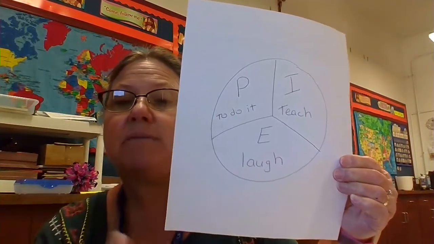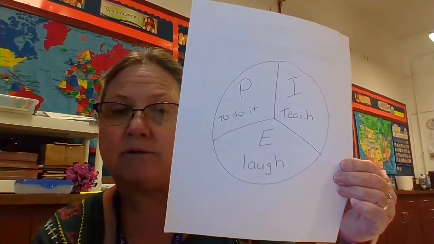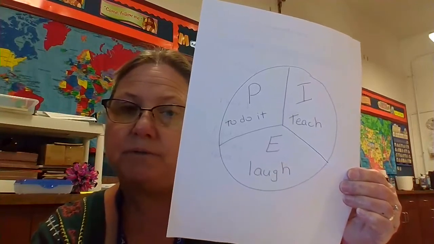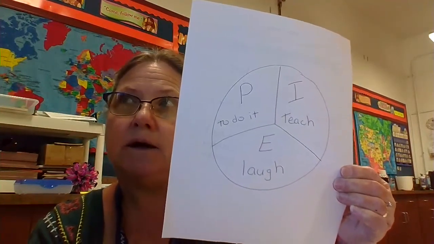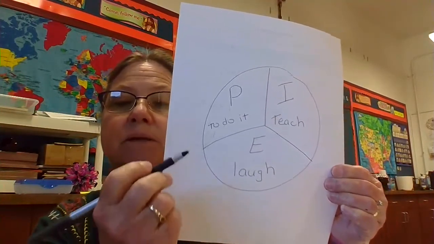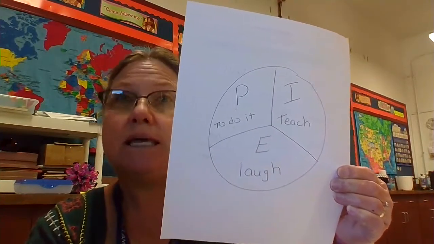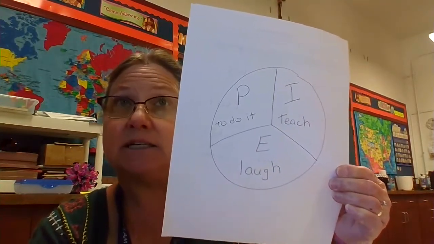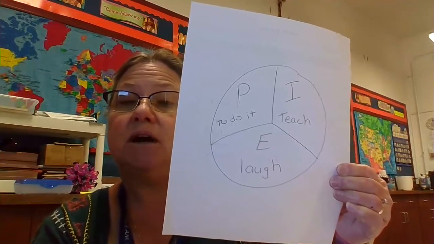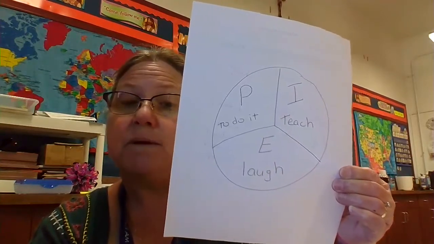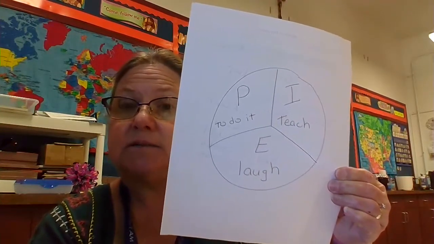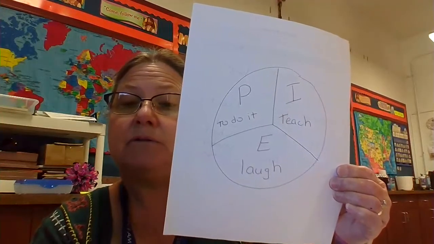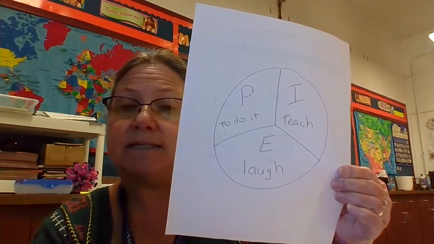So when we talk about PIE in the classroom, about our stories, why the author wrote that story, I could say, did the author do the P, persuade, to ask us to do it? Did the author inform us, that I, to teach us? Or did the author E, to entertain, to make us laugh?